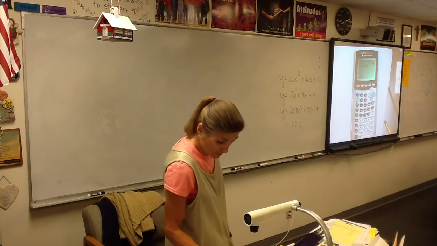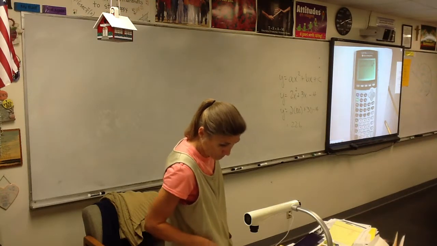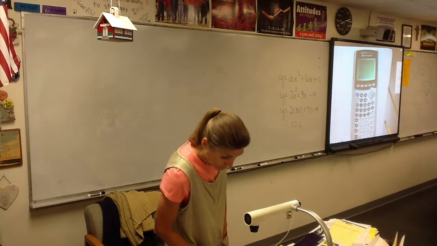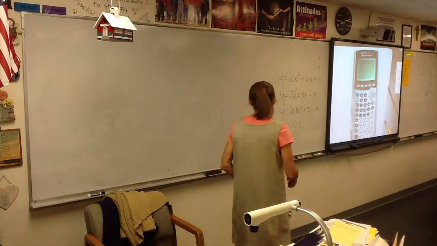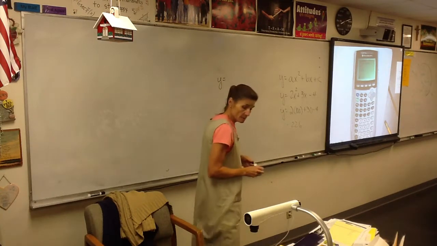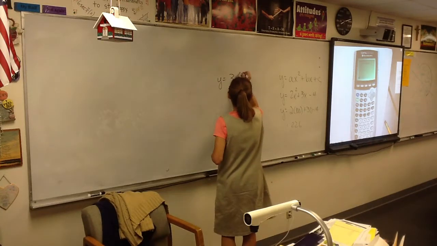Then we tell it we want it to work on column L1 and column L2. And this equation is 3x squared plus x minus 4.